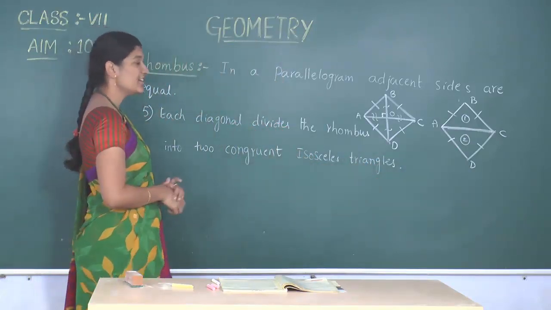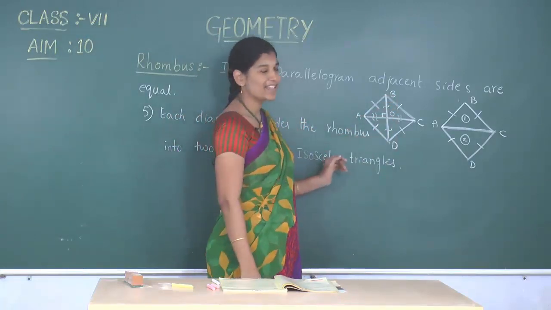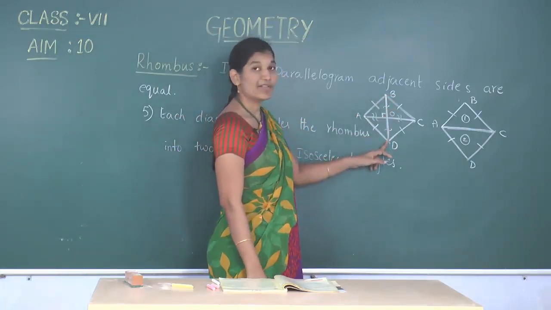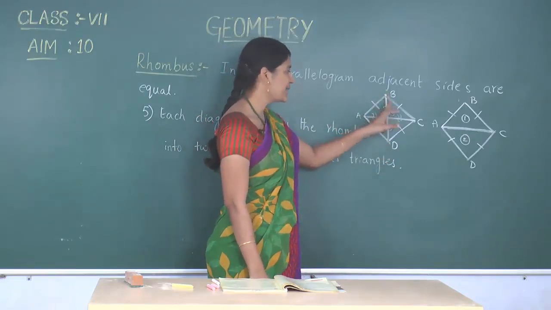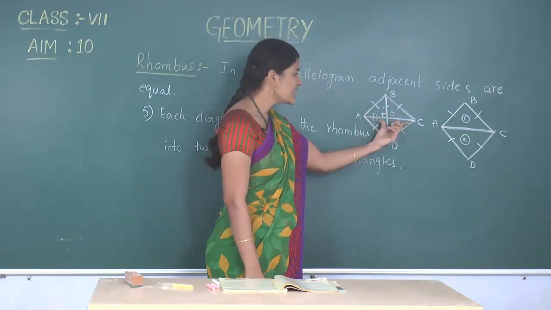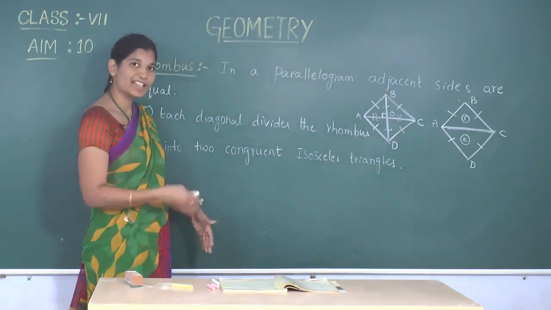And next, here if you observe, each diagonal divides the angles into equal parts, which means here BD bisects angle B and angle D, AC bisects angle A and angle C. Each diagonal bisects their angles.